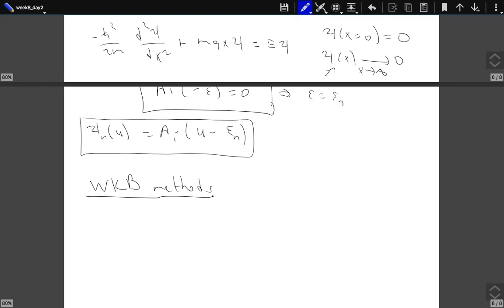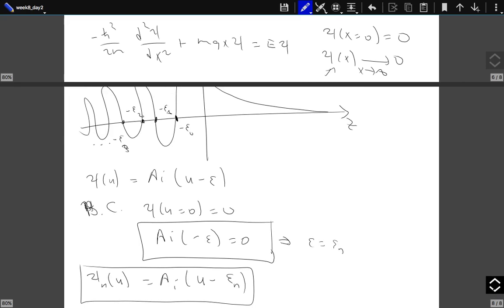Now, any questions on this linear potential? Well, okay, how do you know that there are such functions, Ai? Well, you go and talk with your friends in the mathematics department. They will tell you that this differential equation has known solutions with known properties. So then you will say, those are my functions, my eigenfunctions.